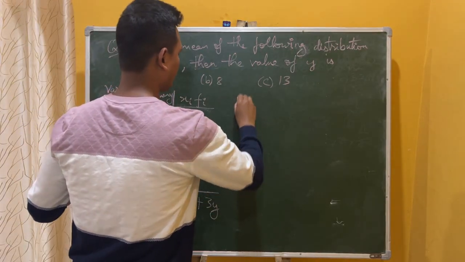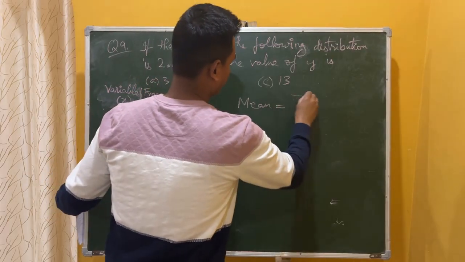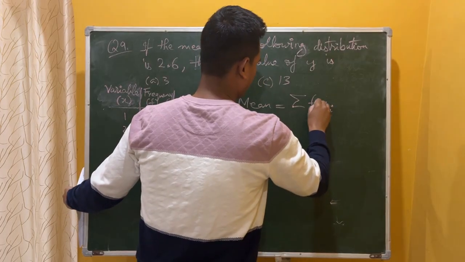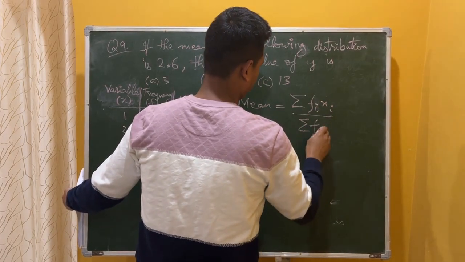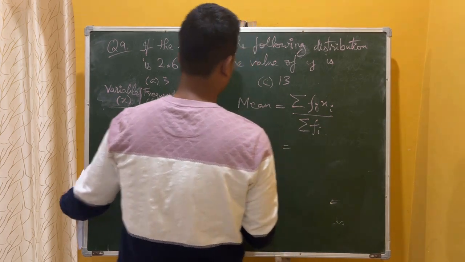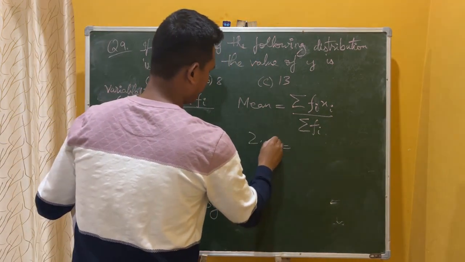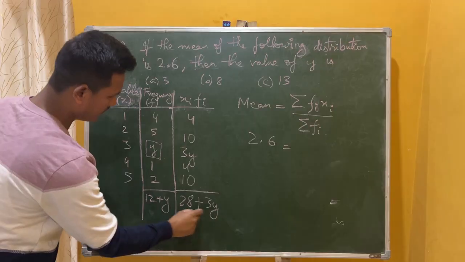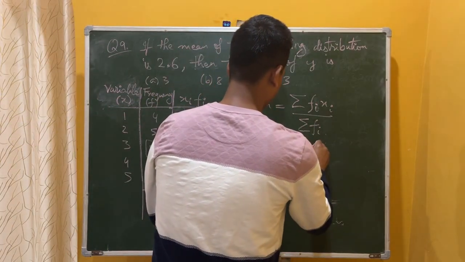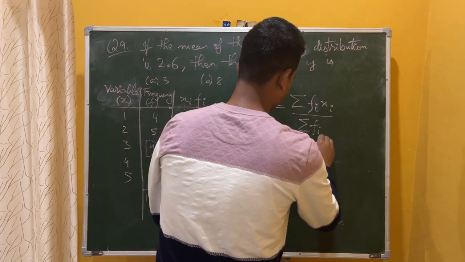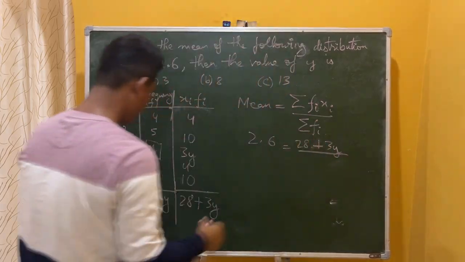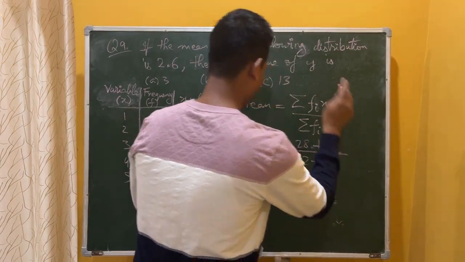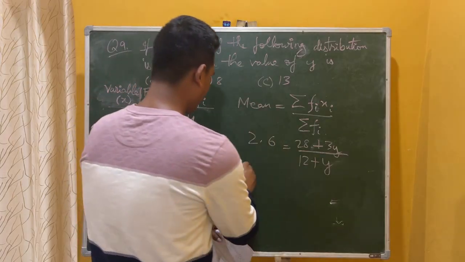So mean is summation fi xi upon summation fi. We already know the mean, it is 2.6, and summation fi xi means the total of this is 28 plus 3y. Summation fi is 12 plus y. Alright, now we'll find y.